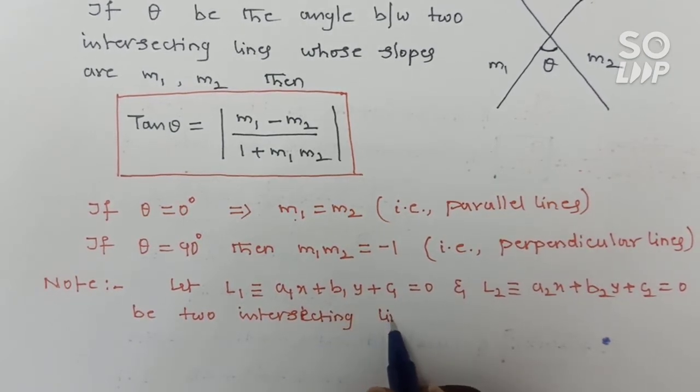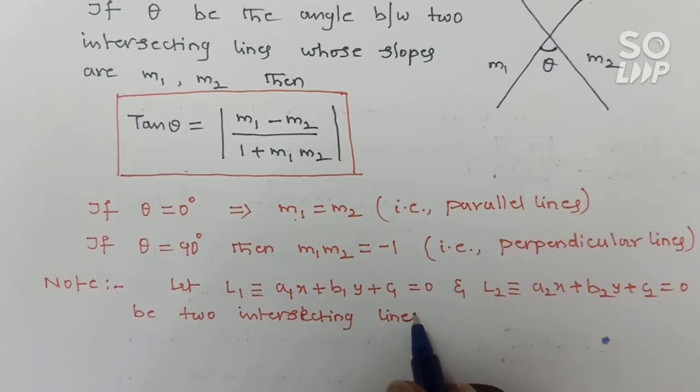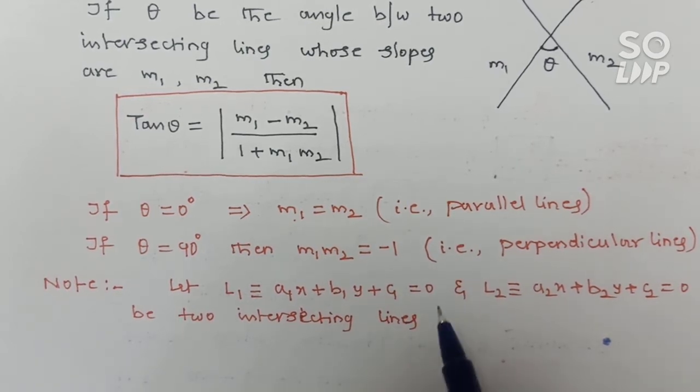When any two lines are intersecting, obviously we will get the angle between those lines.